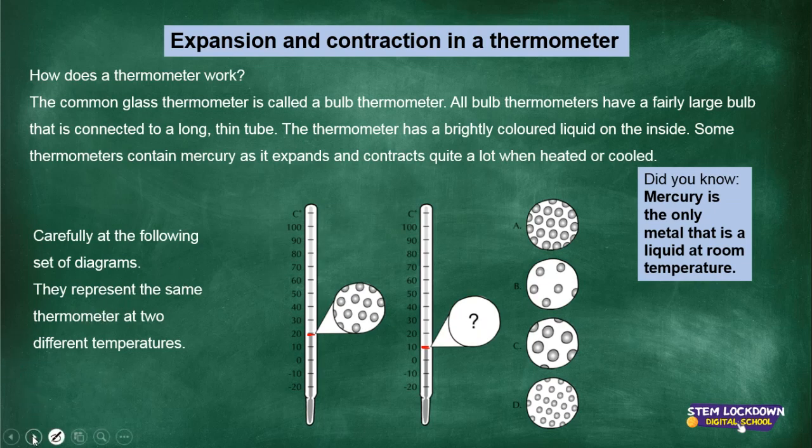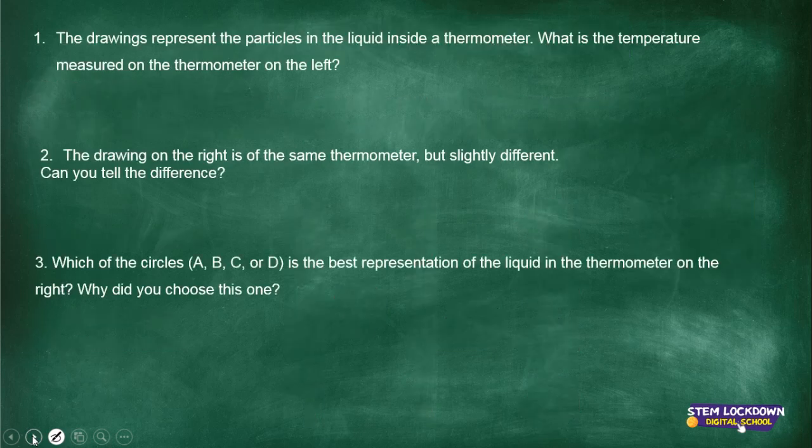Okay, so while you're thinking, I'm going to ask you some questions. The drawing, I hope I find my drawing. I think I'm only going to get my drawing a bit later. The drawings represented the particles in a liquid inside the thermometer. Now, what was the temperature measured in the thermometer on the left, the first thermometer? It was 20 degrees Celsius.